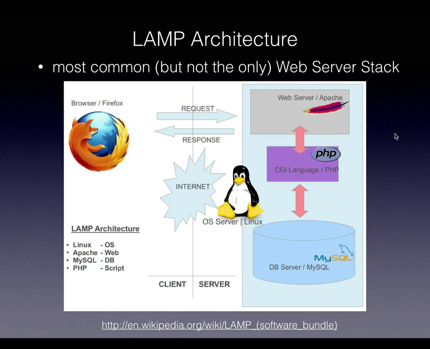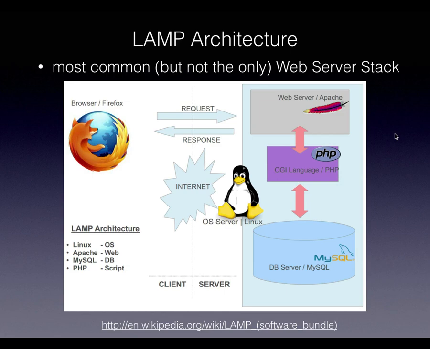So this diagram represents what we call the LAMP architecture, which is the most common but not the only web server stack. It's a series of different programs that's commonly implemented on a web server for dynamic websites.